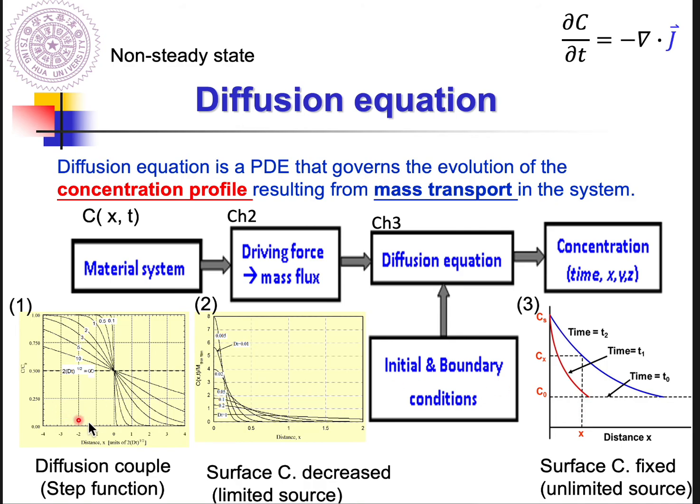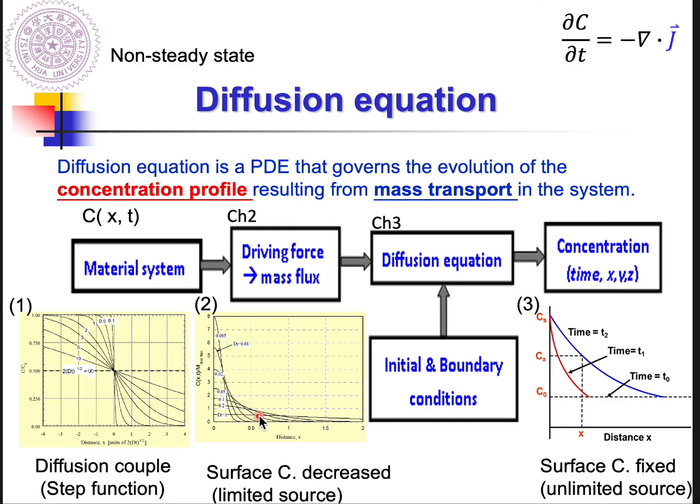The first case is what we call a diffusion couple. In a diffusion couple, you have A bonded with B, and this diffusion phenomenon is also unsteady state. The second case would be the surface concentration decreasing, I mean the limited source case, a case with limited source.